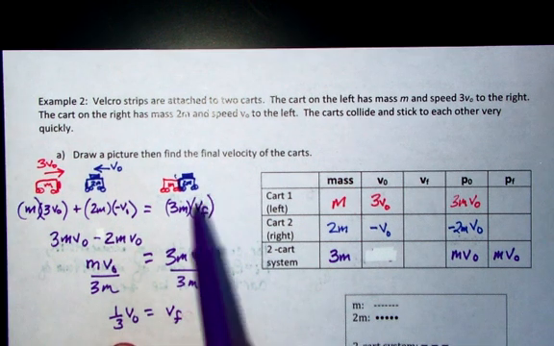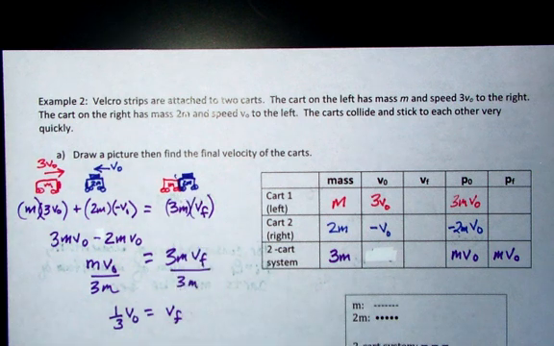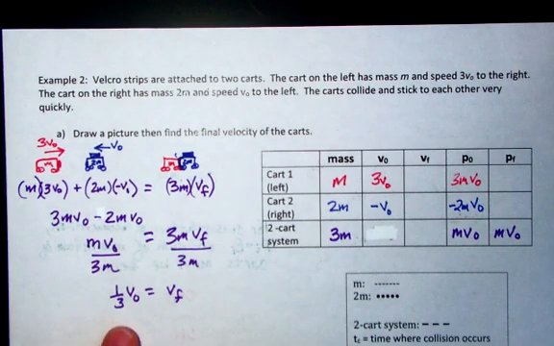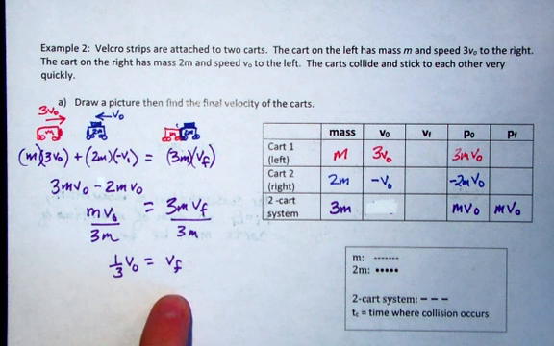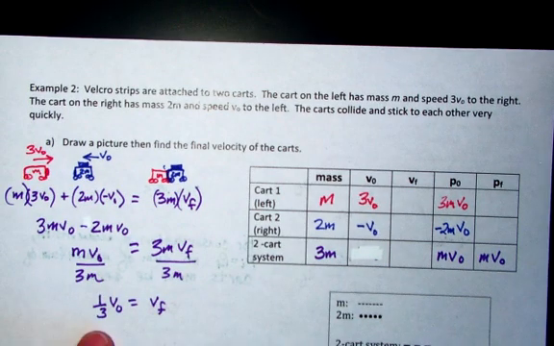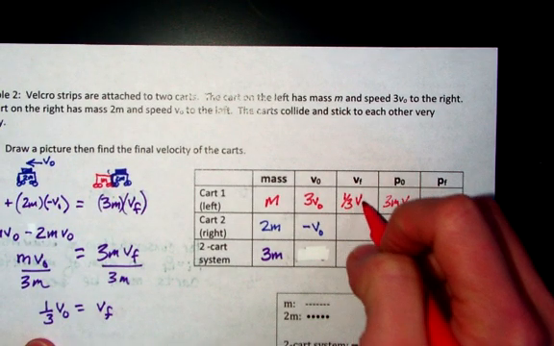Well, let's take a look. Over here, if these are sticking together, then what has to be the final velocity of the red? We just found the final velocity, right? Because this is the velocity of the two-cart system. So it all has to be 1/3 v naught for this last part. So this final velocity is 1/3 v naught.